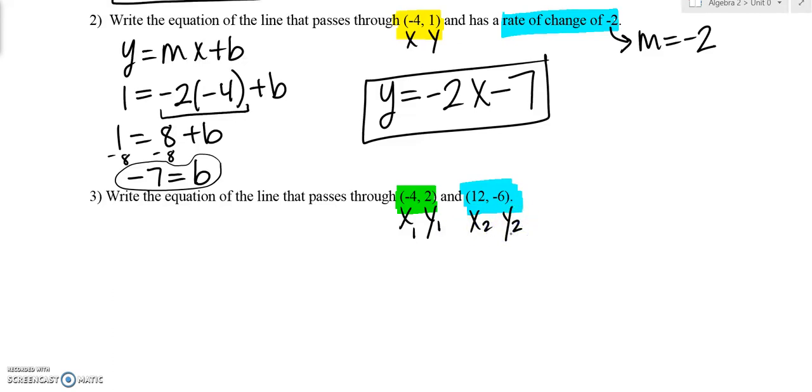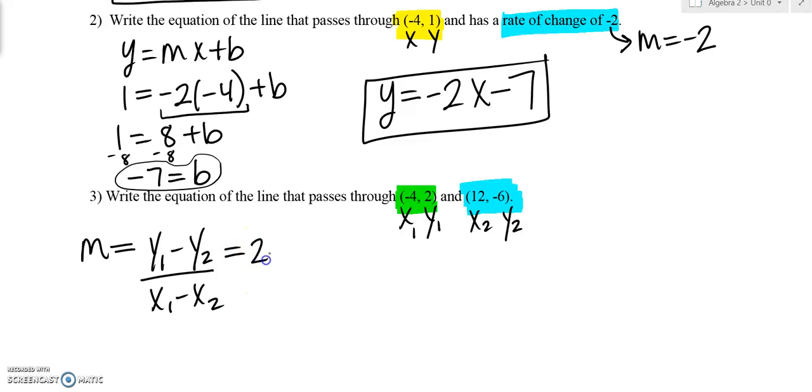Something to remember is the slope equation, or how we find slope. I'm going to write that over here on the left hand side. The slope is equal to y1 minus y2 over x1 minus x2. And then we just have to plug in.